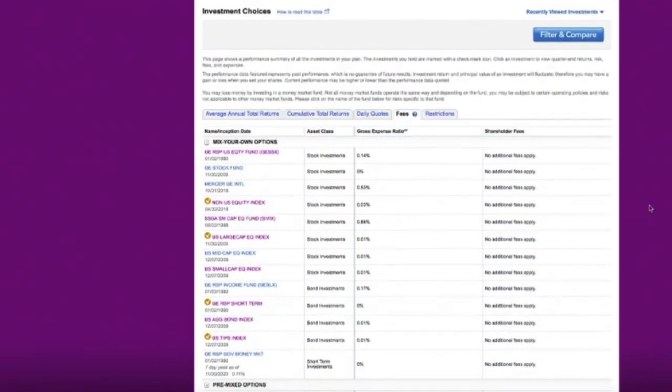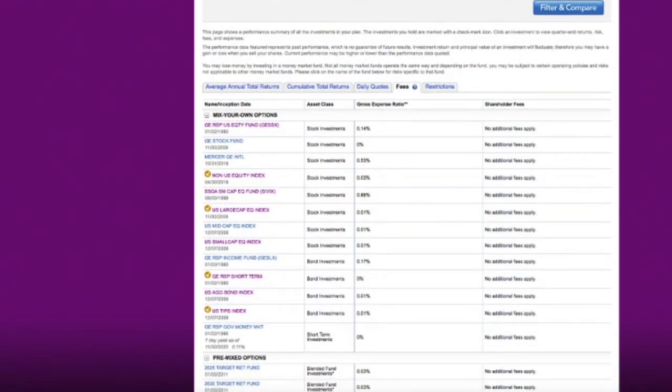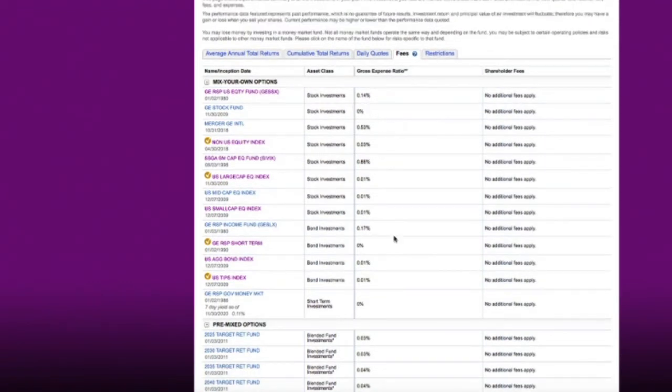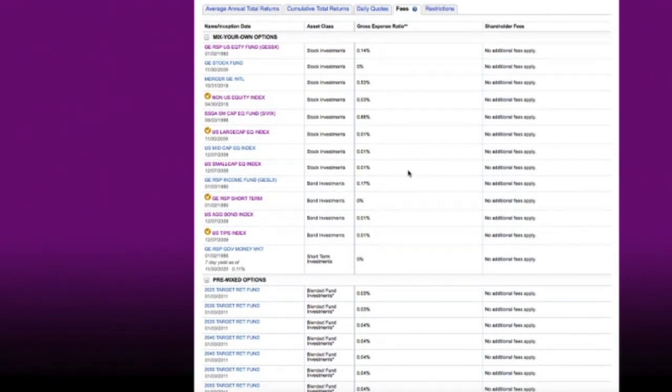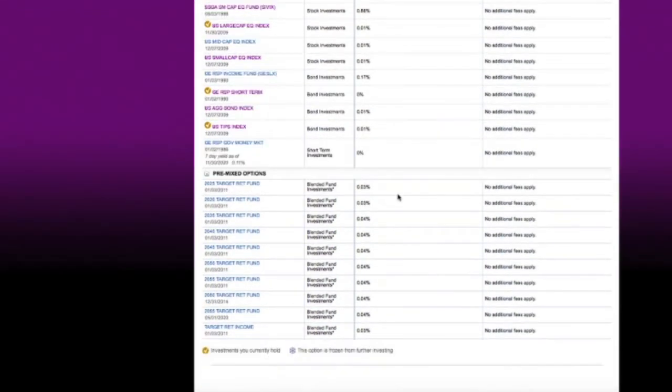And the name of the fee is gross expense ratio. And each fund has a fee associated with it. So we see some of the fees at 0. We see some of the fees at 0.01, 0.17. There's a 0.88. They're kind of all around.